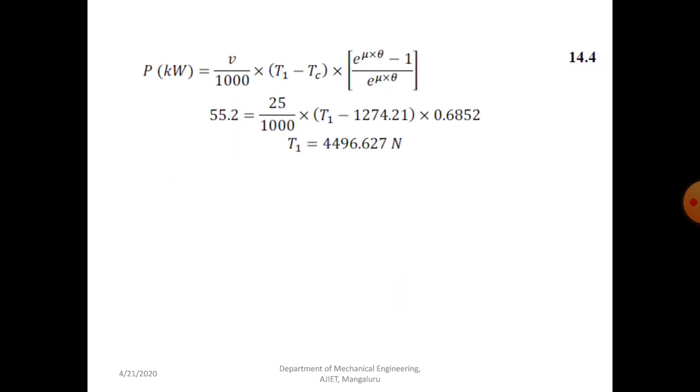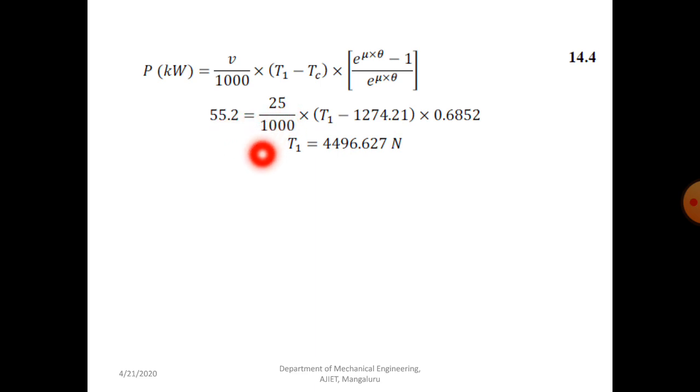Now you can easily calculate the T1 value if you know the power equation, that is equation 14.4. Power is V divided by 1000 into T1 minus Tc into e to the power mu theta minus 1 divided by e to the power mu theta. We have the power value given in the problem.